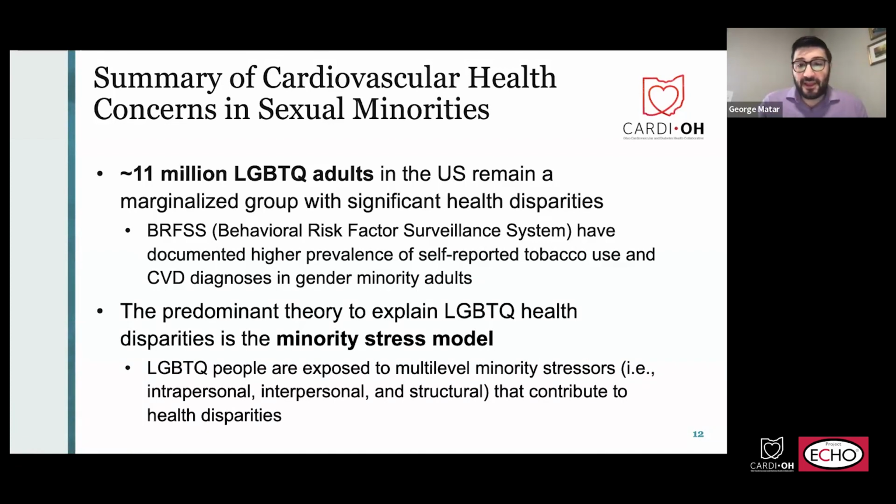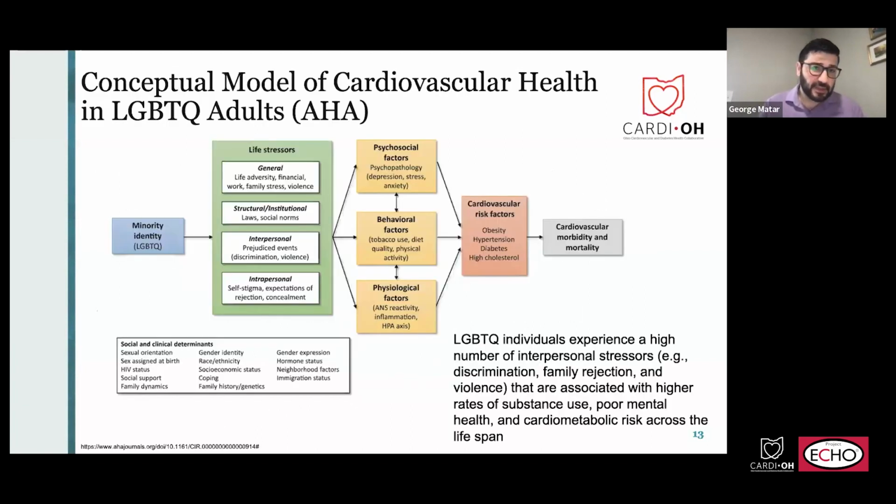The predominant theory that explains LGBTQ health disparities is the minority stress model. This model really talks about how LGBTQ people are exposed to multi-level stressors. So this would be intrapersonal, interpersonal, and structural concerns that contribute to their health disparities.